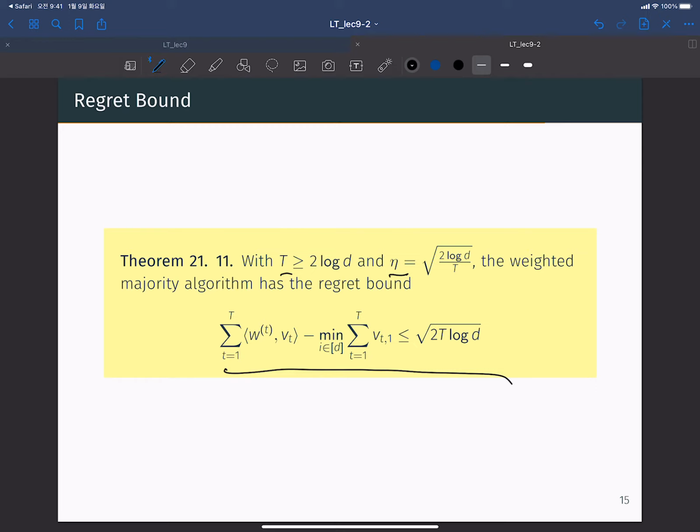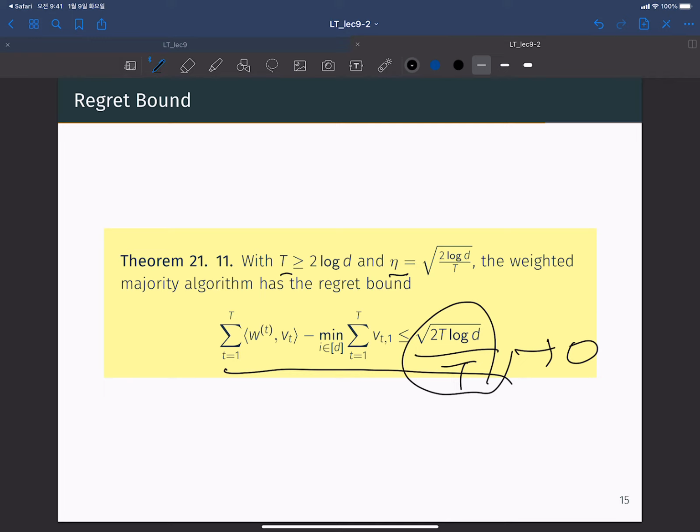So this is sublinear regret. When you divide by T, this value converges to 0 as capital T goes to infinity. The regret does not grow linearly with capital T, but increases with the speed of square root of T.